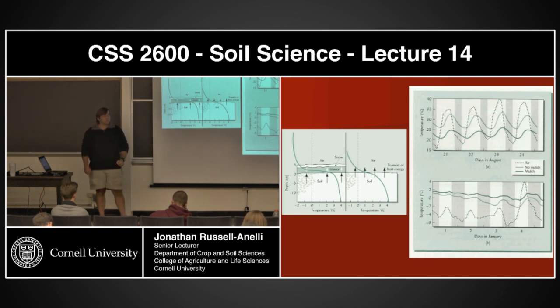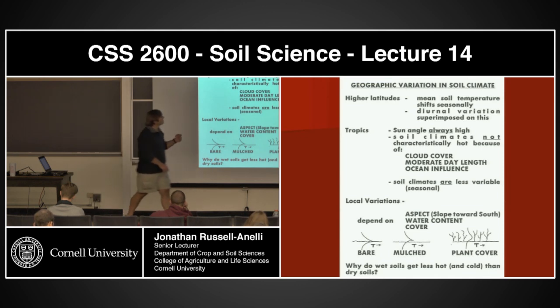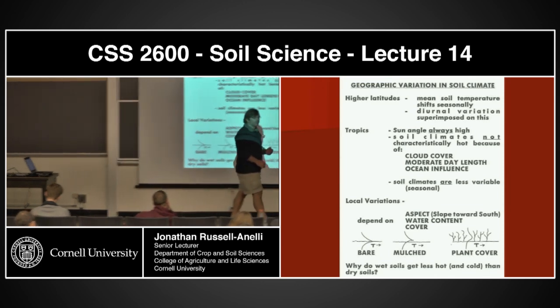Cool? Questions? Nope. Okay. All right, so we've talked about variation in the daytime and the seasonality. We've talked about management issues. Why don't we actually talk about some variations in soil climate based on positions in the world? Okay, in the higher latitudes, mean soil temperatures will shift seasonally, which makes sense.